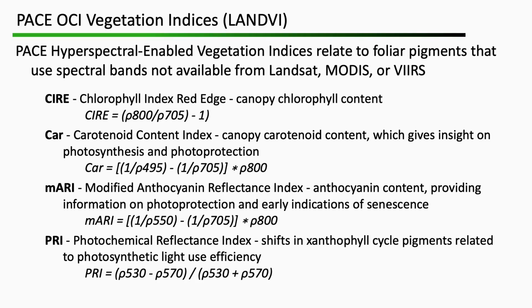And then finally, the PRI, the photochemical reflectance index, which describes the status of xanthophyll cycle pigments. Xanthophyll pigments are a type of carotenoid pigment, and these are used by plants for photoprotection and have been shown to be related to photosynthetic light use efficiency.